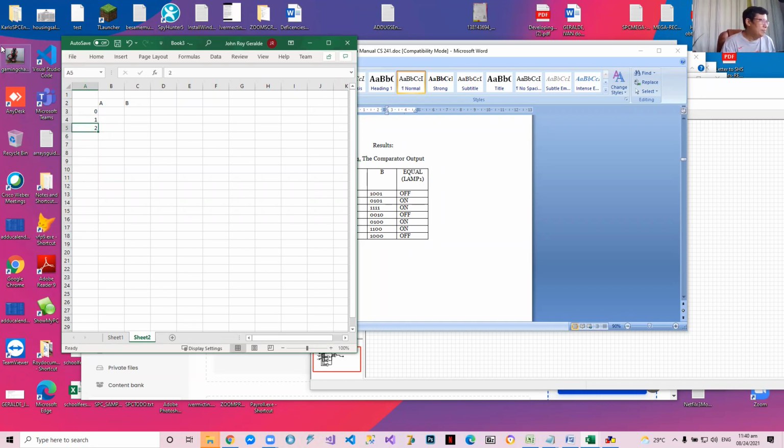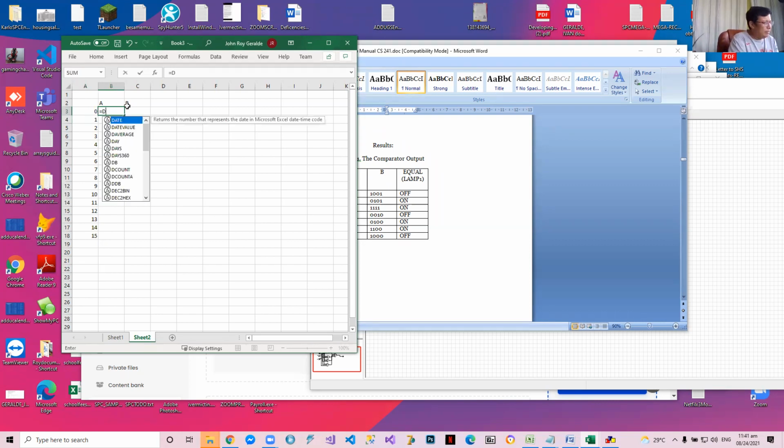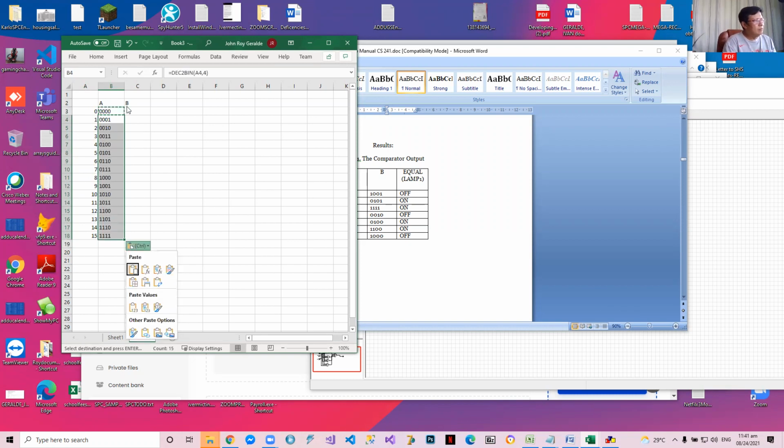Okay. Then at the same time, we'll use that to convert to binary, 4 bits. There are so many combinations here.